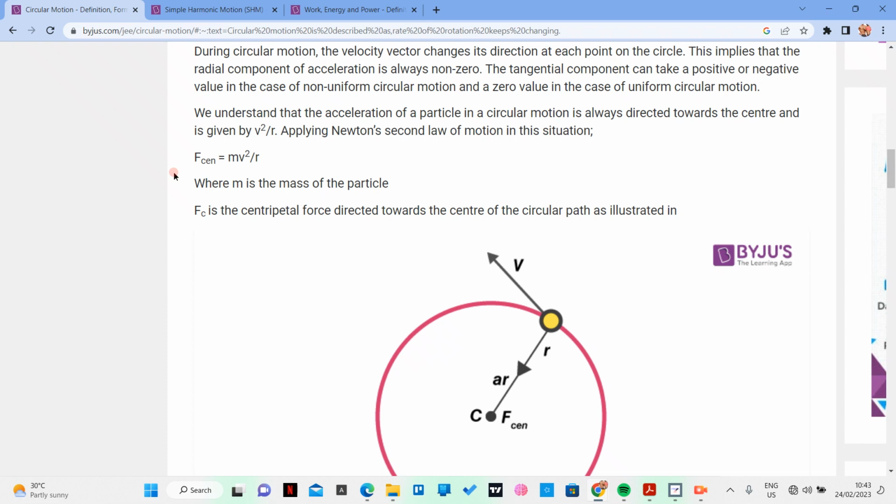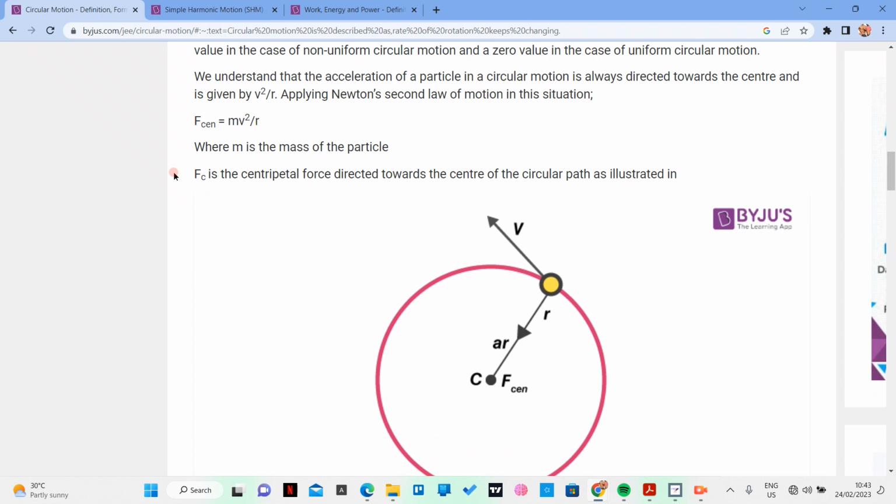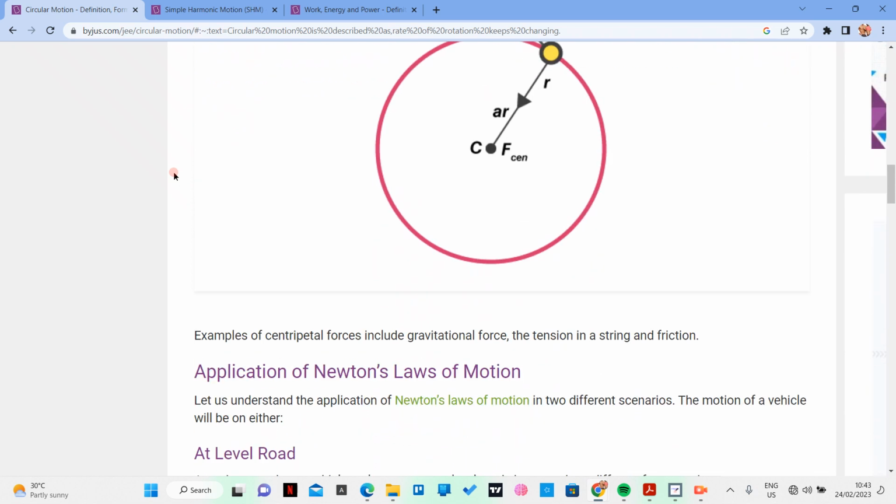Force is equal to ma. So F is equal to mv squared over r, or m omega squared r. And that F there is your centripetal force. The radial acceleration is also referred to as your centripetal acceleration as well.